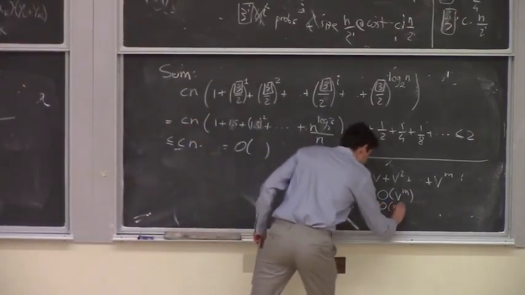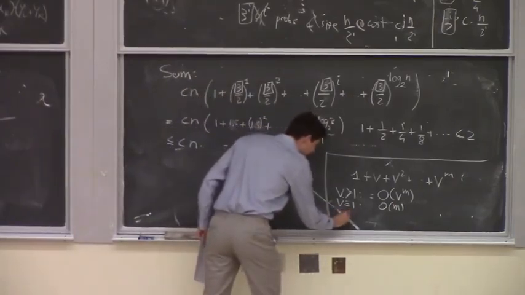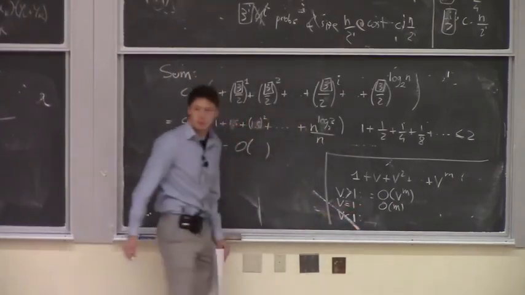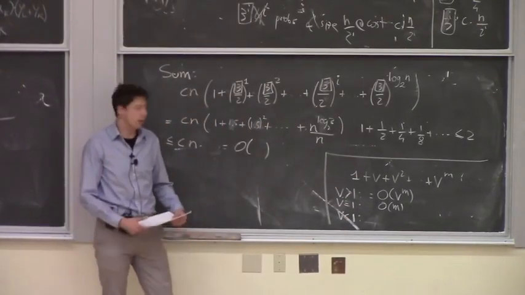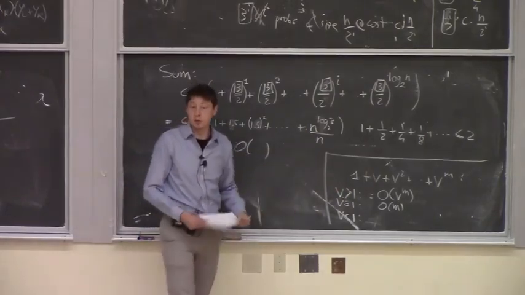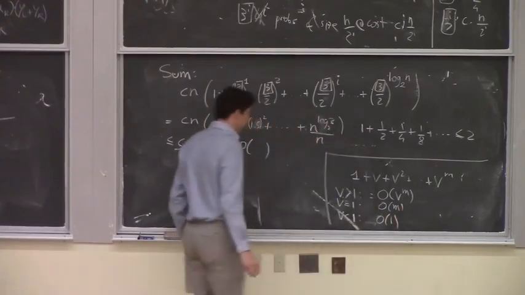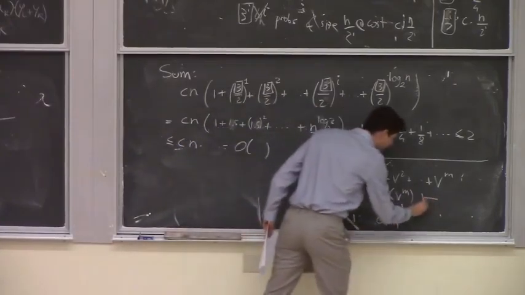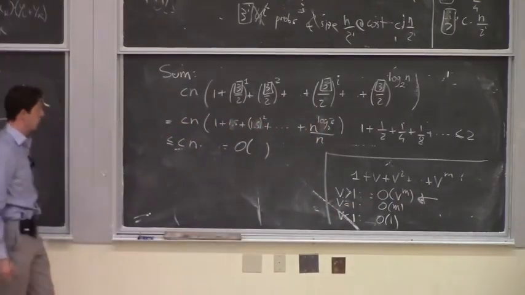Because you're just summing up a bunch of 1s. And if v is less than 1, then the first term dominates. The other ones are just adding to it, so it's order of 1. But right now, we are in this case right here, and you will prove this in your homework.